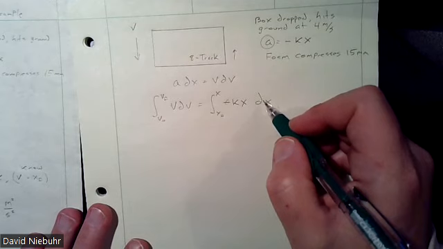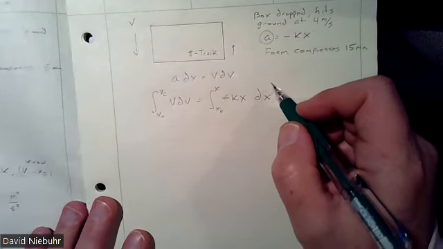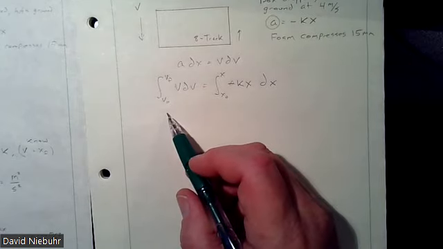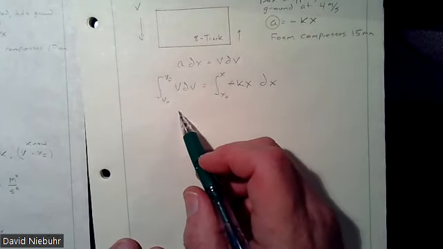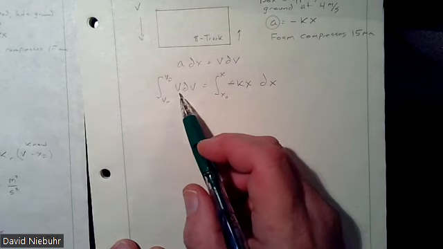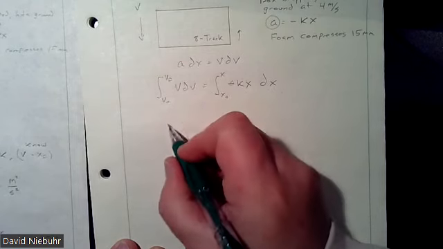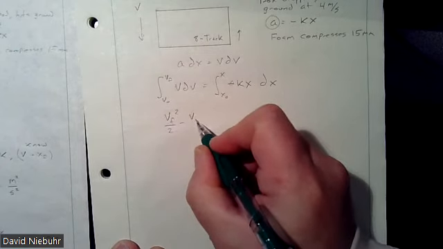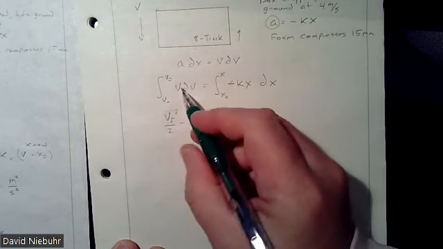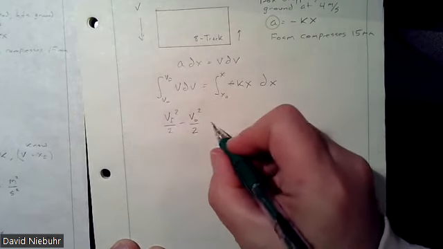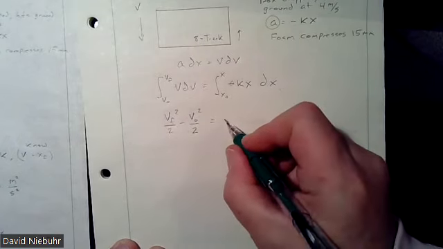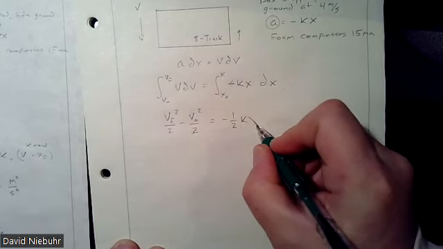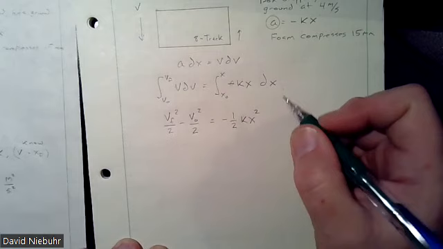After we set that up, we can look at it and say, well, what do we know? If we integrate the V dV, then we get V final squared over 2 minus V initial squared over 2. And that is going to equal negative 1/2 k x squared.